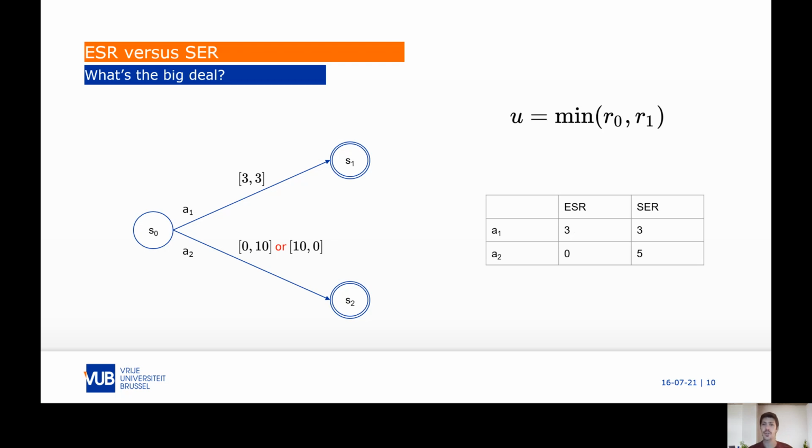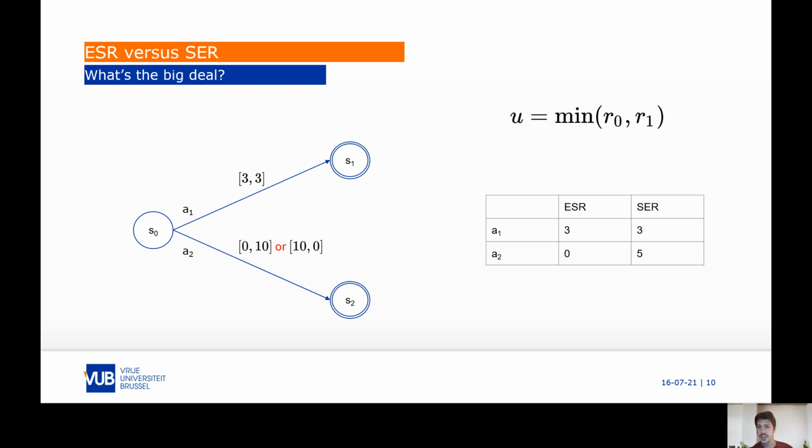However, if you look at the other scenario, SER, you take the scalarization after the expectation, well then A2 has the highest utility, since the expected return for A2 is 5-5. You have either 0-10 or 10-0. In expectation you have 5-5.